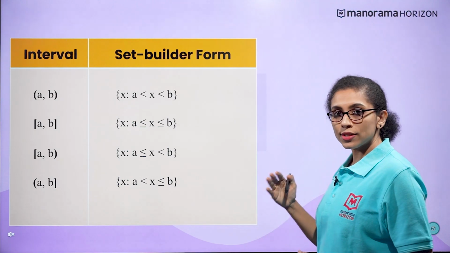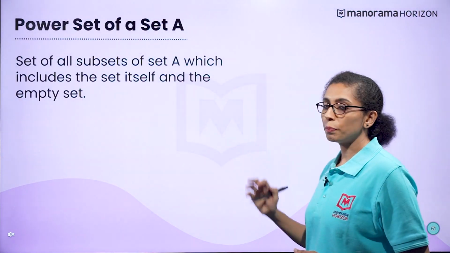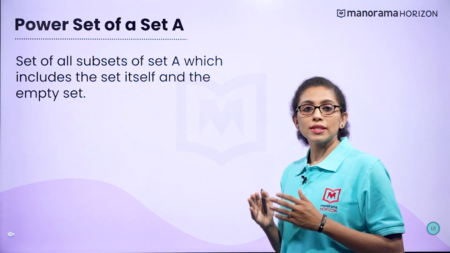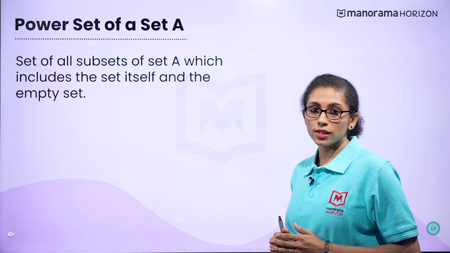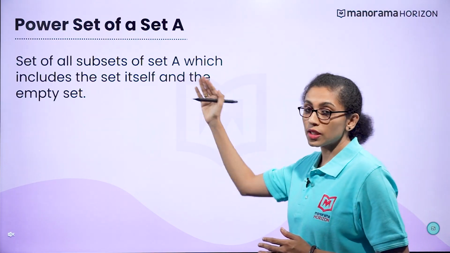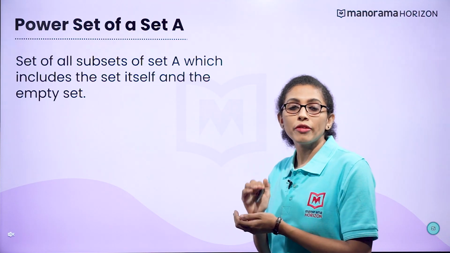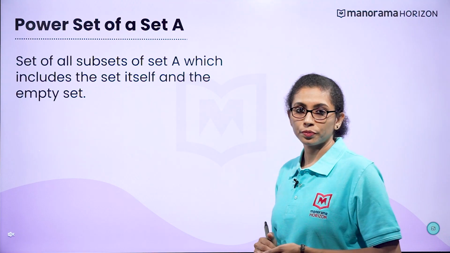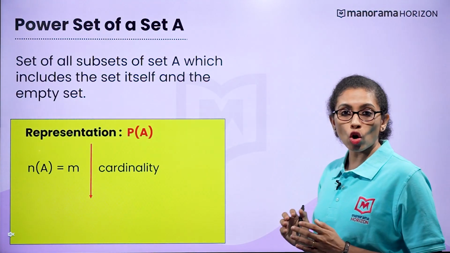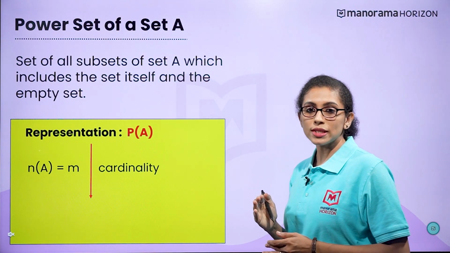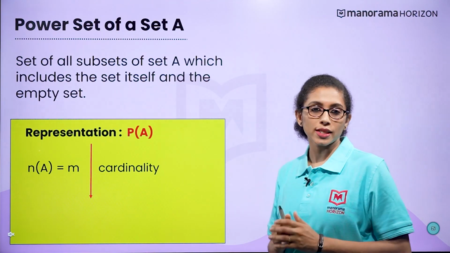Let's see the next type of set, that is the power set. In set theory, the power set of a set A is defined as the set of all subsets of set A, which includes the set itself and the empty set. It is denoted by P(A). In a power set, each element is a set.